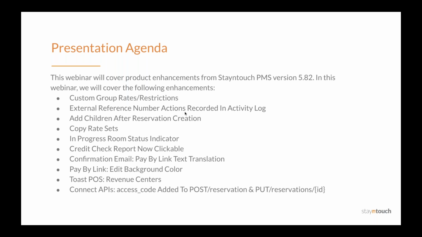In this webinar, we will cover the following enhancements: custom group rates and restrictions, external reference number actions recorded in the activity log, add children after reservation creation, copyright sets, in-progress room status indicator, credit check report now clickable, the option to enter pay-by-link text translation for confirmation emails, as well as the option to edit background color for pay-by-link, Toast POS revenue centers, and new Connect API enhancements.